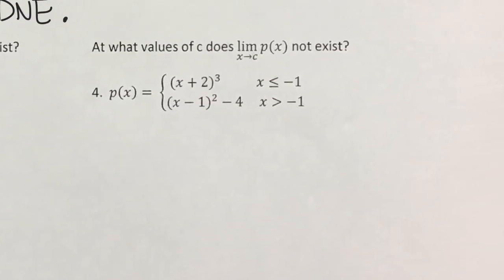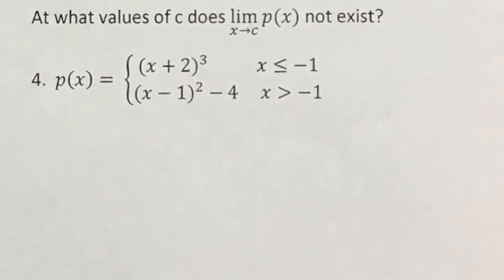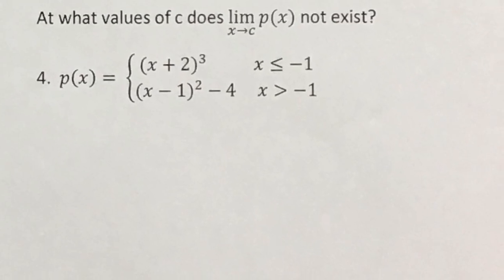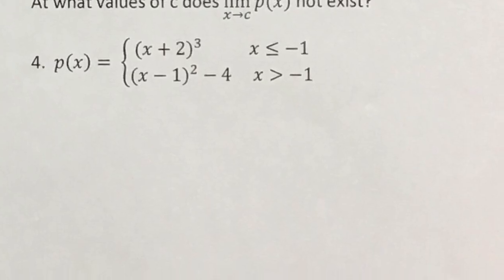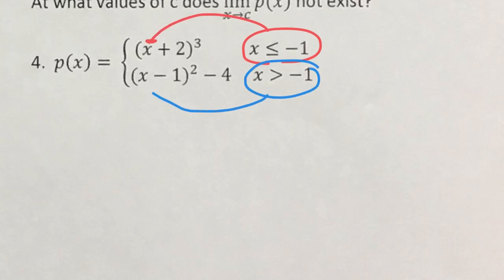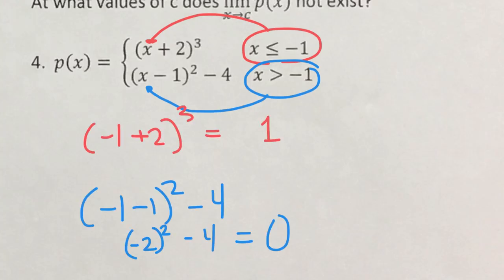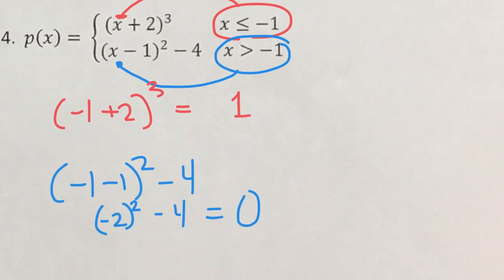So one last one here. If any values exist, what are they for your p function? Once again, the thing is to plug negative 1 into both of your equations and see what their y value is. So we have 0 from our top function, or from the left.